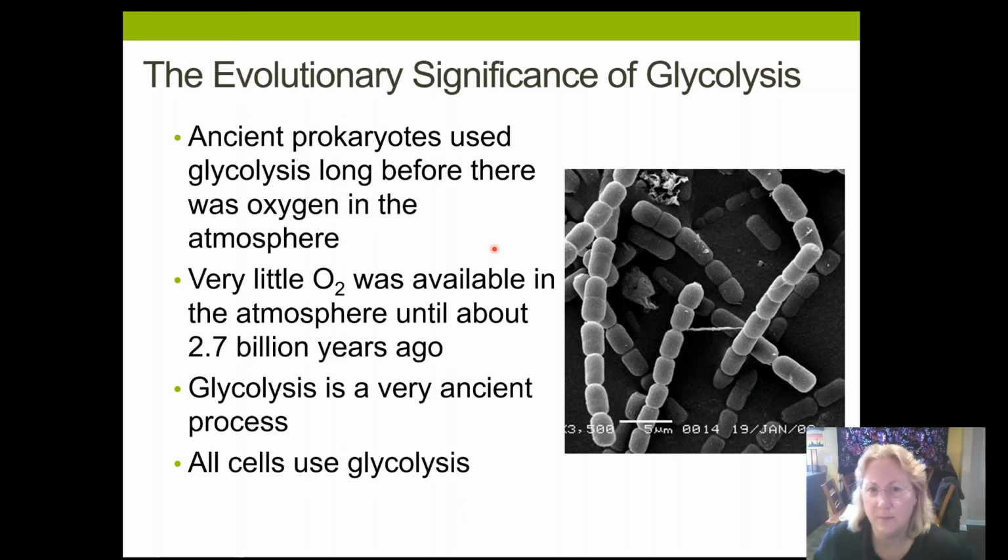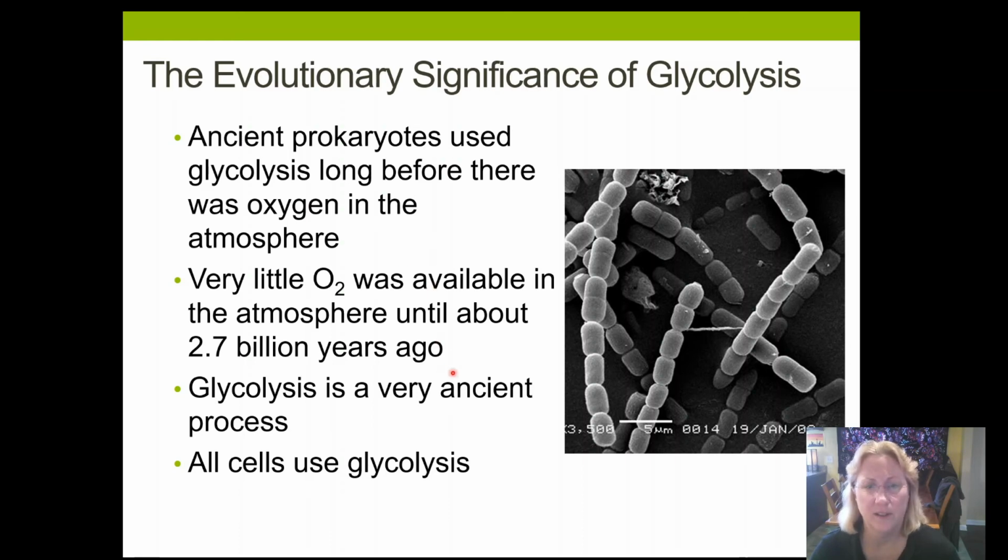Glycolysis is probably the oldest type of metabolism. Almost all cells can use or make glucose and use some version of glycolysis in their metabolism, which makes sense because, as we talked about for the origin of life, there wasn't any oxygen available on the early Earth. Even when free oxygen started to become available after cyanobacteria first evolved, it was still a very low amount of oxygen for a long time.